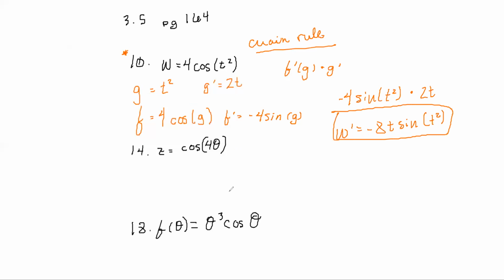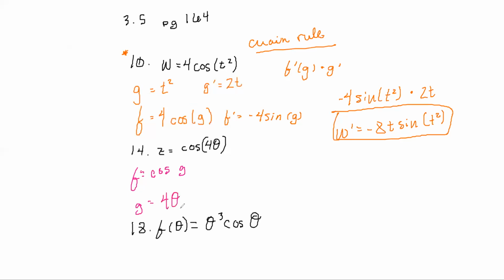Chain rule. What is our internal function? So our external function is going to be cos g, and our internal function is going to be 4 theta.